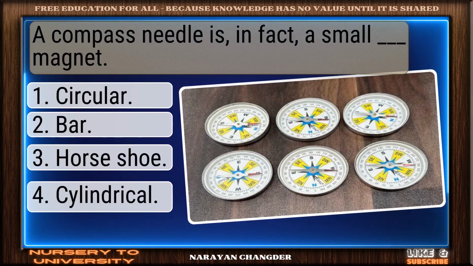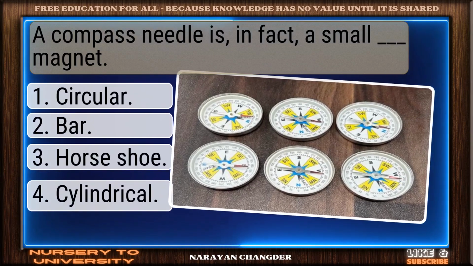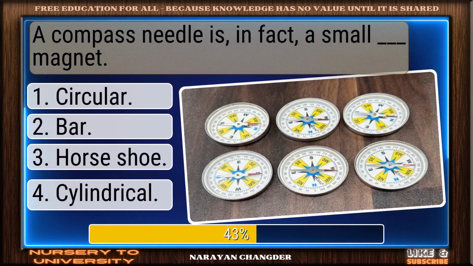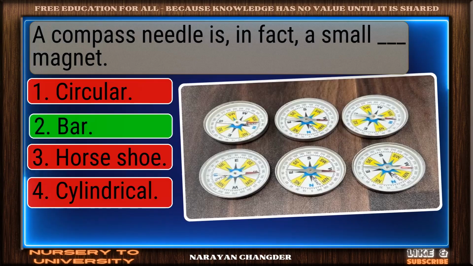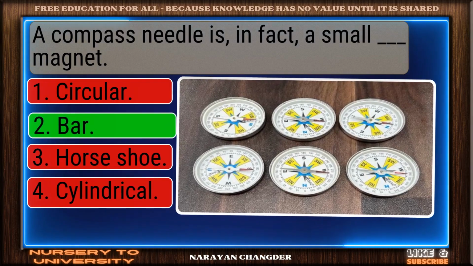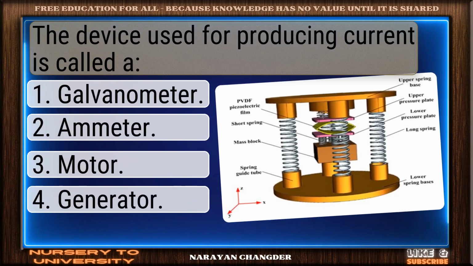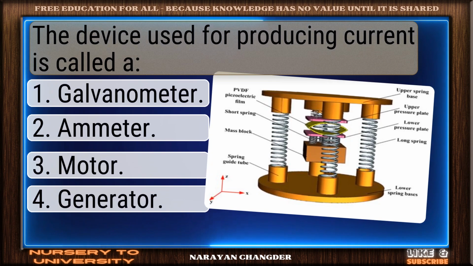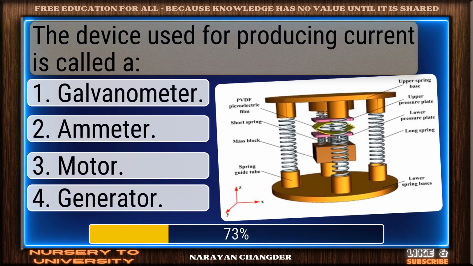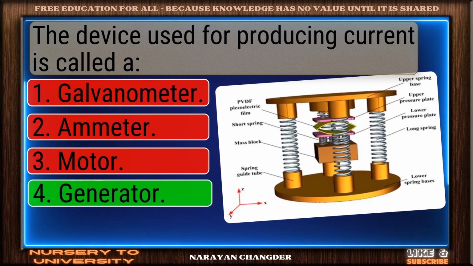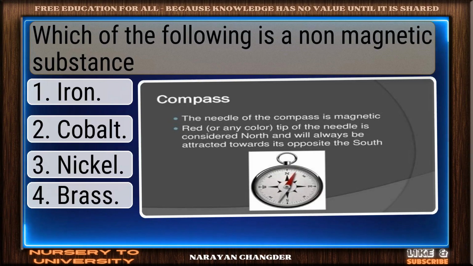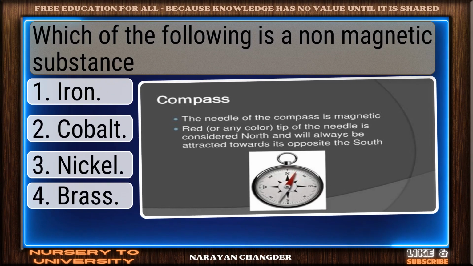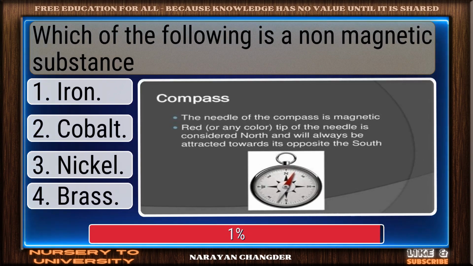A compass needle is, in fact, a small dash magnet. Right choice. Bar is best. The device used for producing current is called a? Great thinking. Generator is right. Which of the following is a non-magnetic substance?